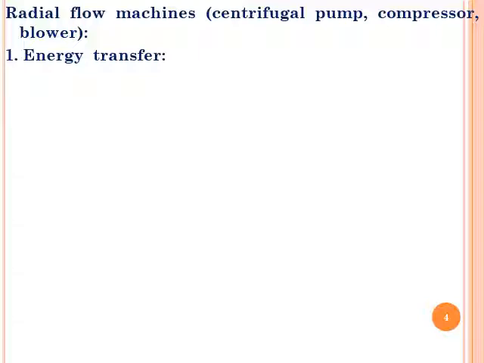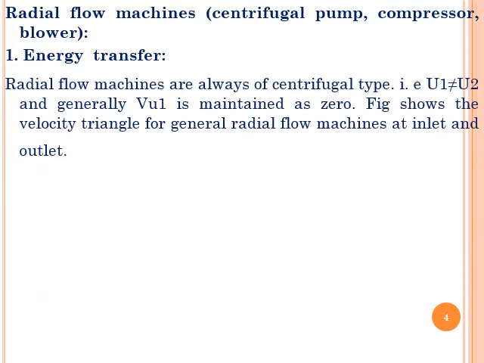Now I am going to derive the first expression, for energy transfer in radial flow turbo machines. Radial flow machines are always of centrifugal type. That means in radial flow turbo machines, the inlet and exit of the fluid take place at different radii of the rotor.